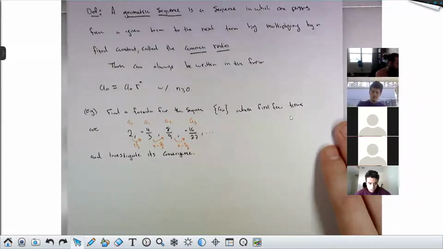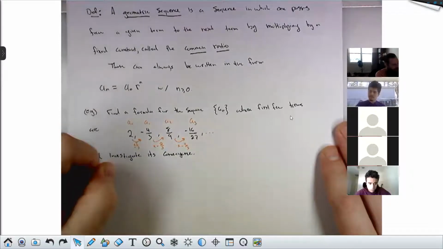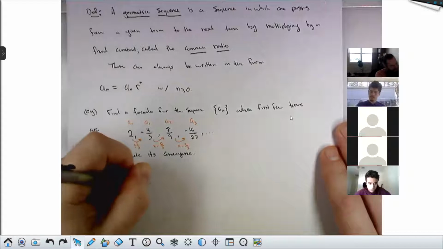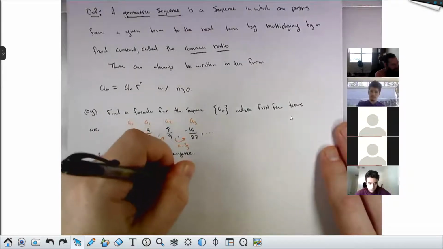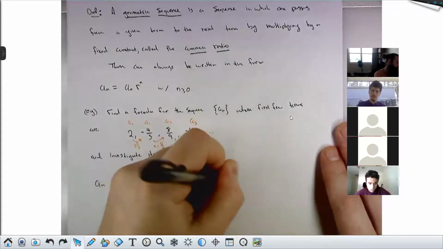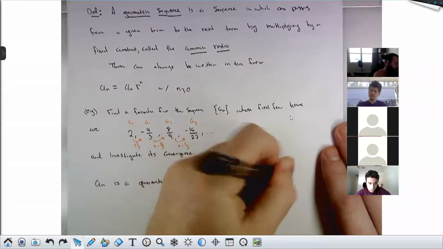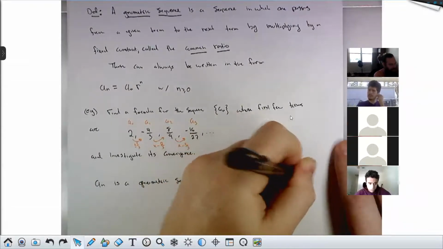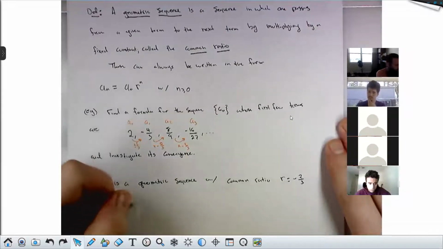So what we would say is an is a geometric sequence with common ratio r equals negative 2/3. So I can write down the formula for an.